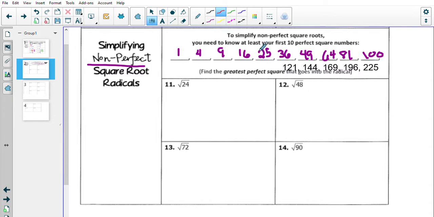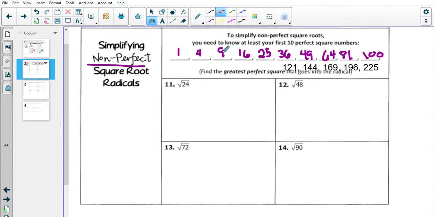The biggest perfect square smaller than 24 is 16. You're going to check in your calculator: if I do 24 divided by 16, do I get a whole number, meaning, do I get any decimals? We get a decimal, so that's not the number we want.